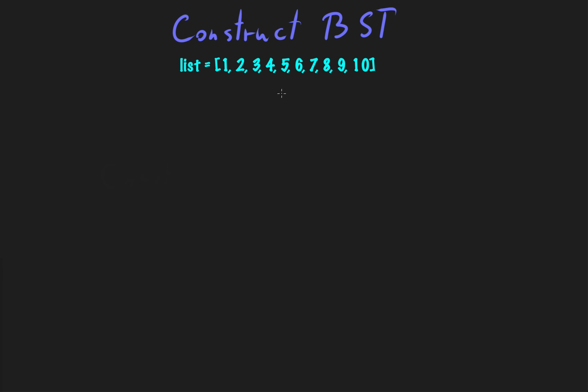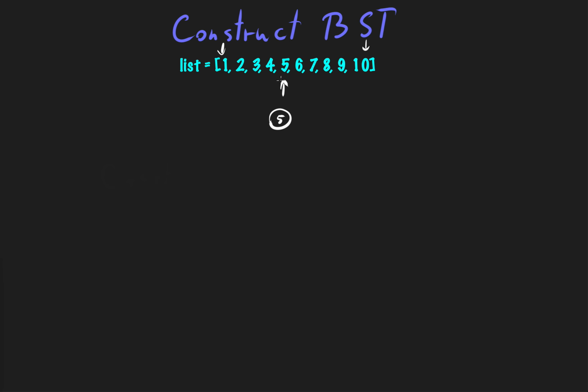Now, because this is a sorted array, we should be doing binary search tree construction like this. We start at the mid value, which is in this case 5, and this would be our root. We of course have our low and high index.